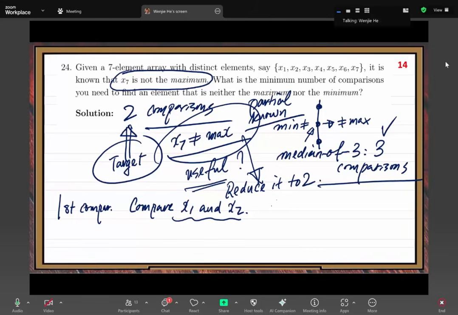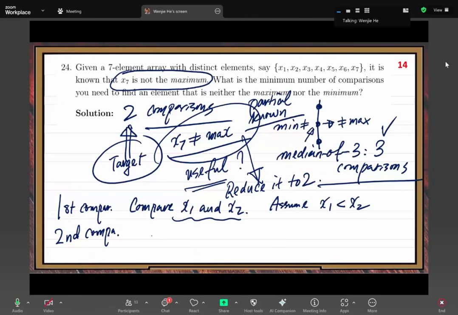Now we can assume x1 less than x2. That's our first comparison. Then the second comparison. We need to find a solution.